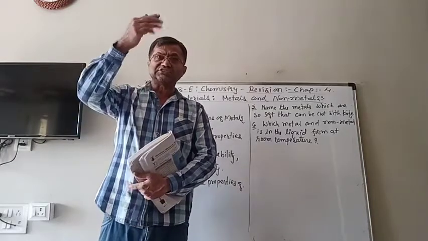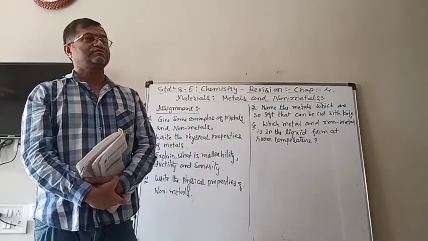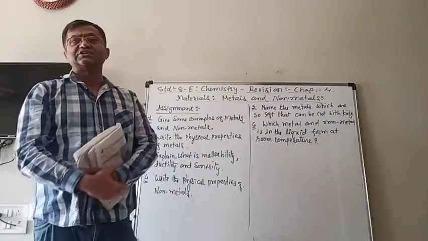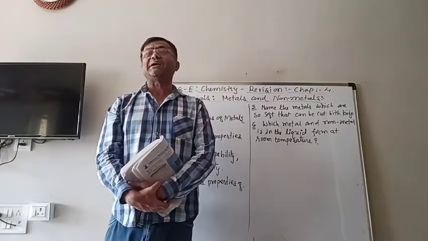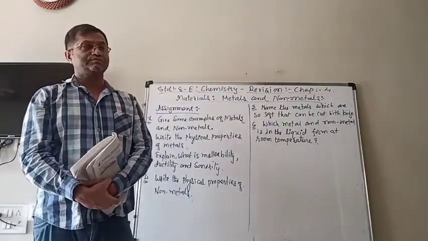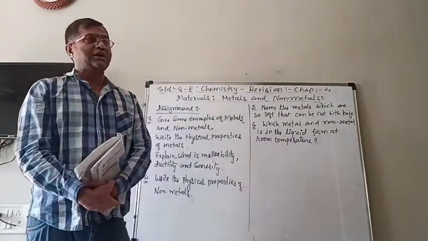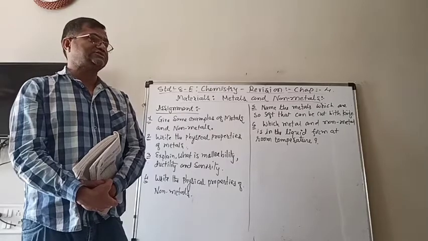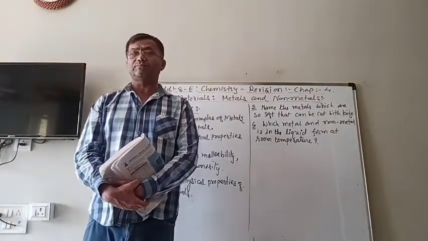In a thermometer you see that shiny liquid which rises up in that slit. I mean the mercury, which in Gujarati is also called paro. So mercury is the only metal which is in liquid form.